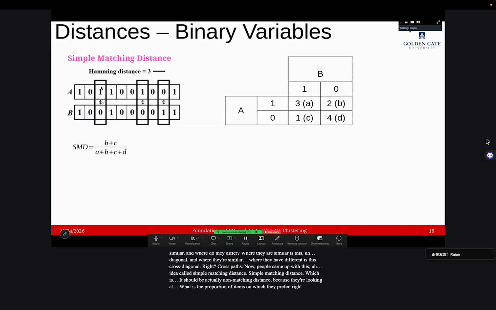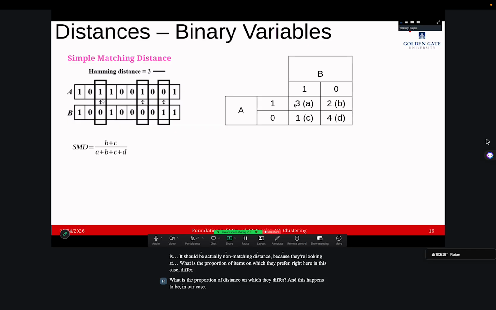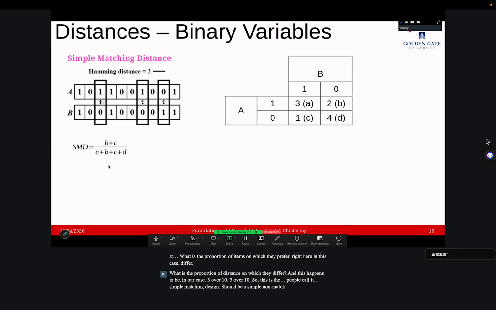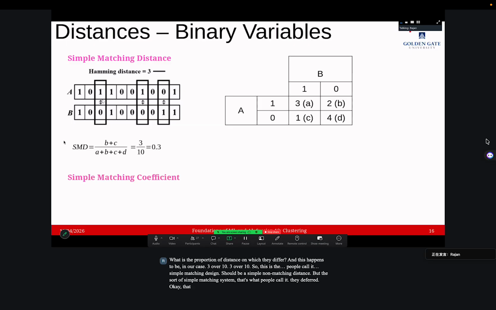In our case, this happens to be 3/10. People call it simple matching distance. It should be simple non-matching distance, but that's what people called it. They differed, so that's 0.3.